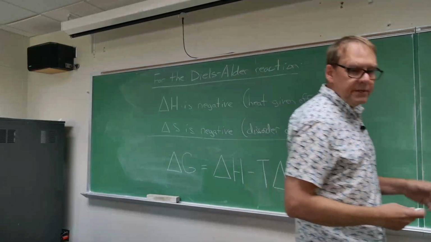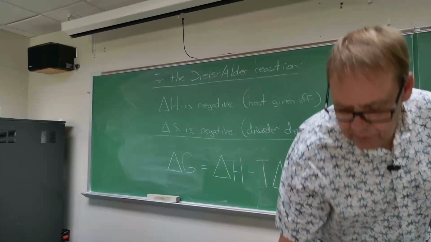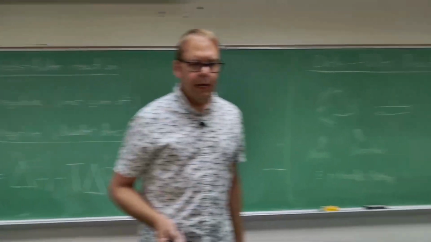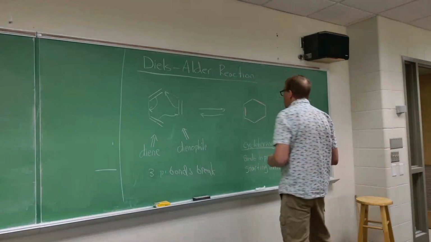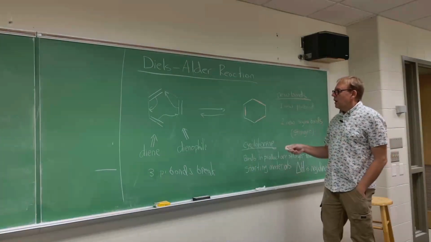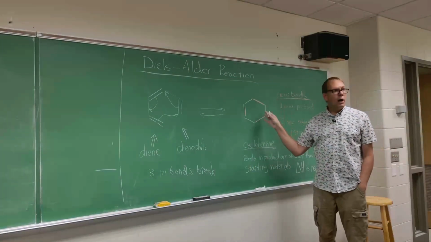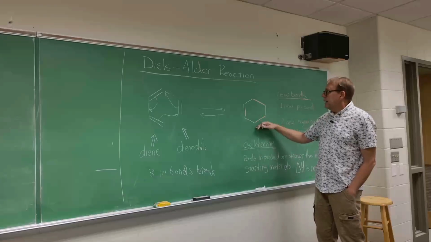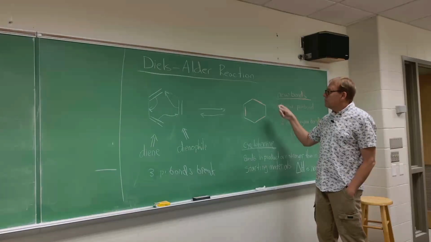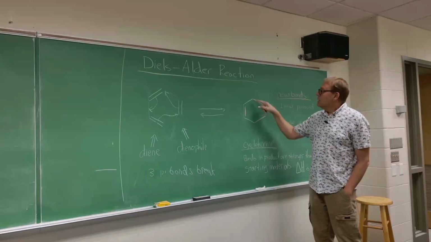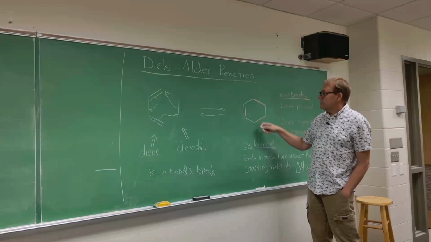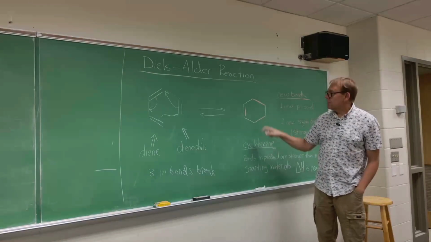Let's take a look at all the stuff that happens in the Diels-Alder reaction. Before I erase this board, I want to just comment on some of the things that are going on here. There are a bunch of new bonds that are formed, a ring, and in a number of cases, depending on what your diene looks like and your dienophile looks like, you can have up to 4 stereogenic centers that are formed in this reaction.